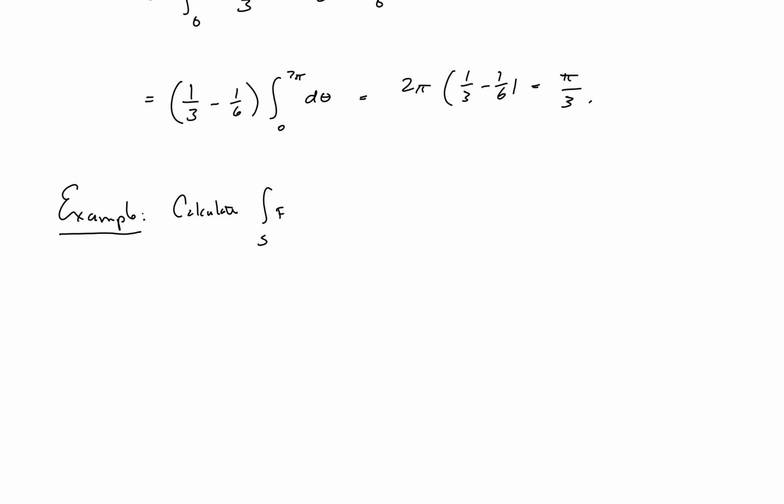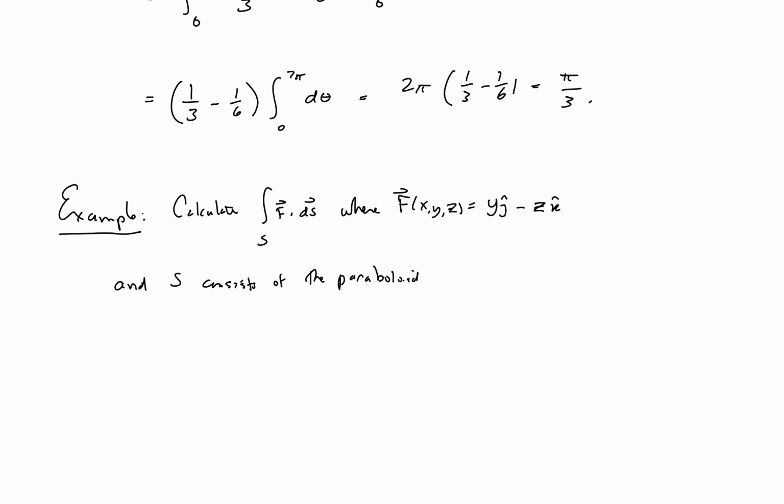So we're going to do this flux integral of F dot dS, where in this case our F is just going to be y j minus z k, and S consists of the paraboloid y equals x squared plus z squared for 0 less than or equal to y less than or equal to 1, and the disk x squared plus z squared is less than or equal to 1, and y is equal to 1.